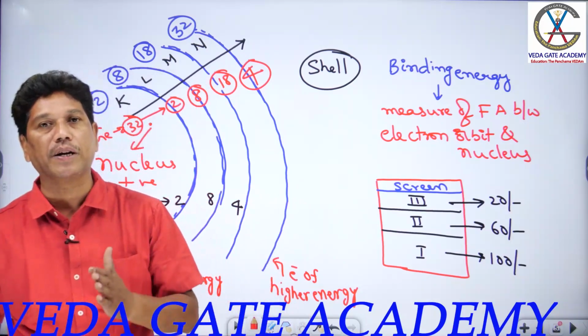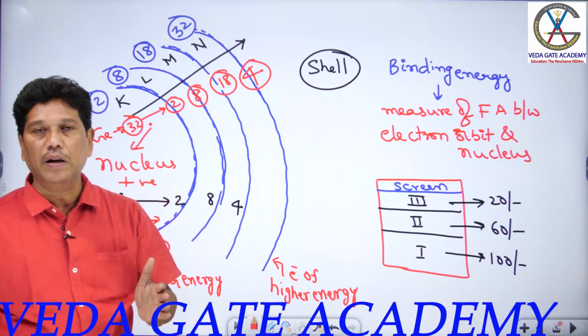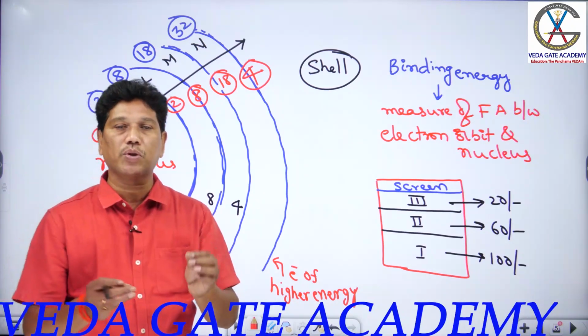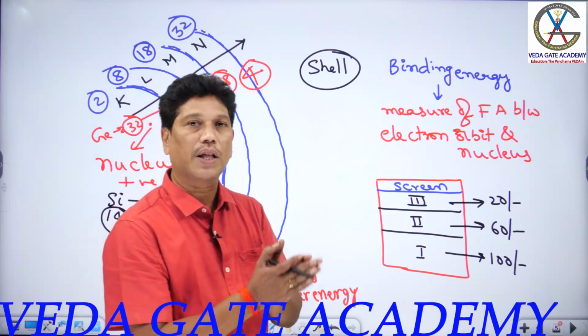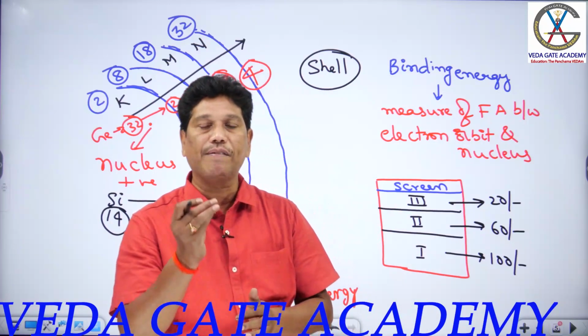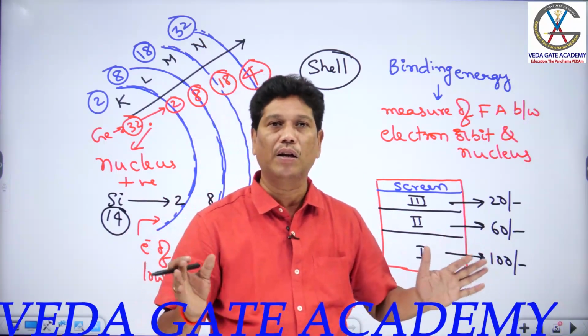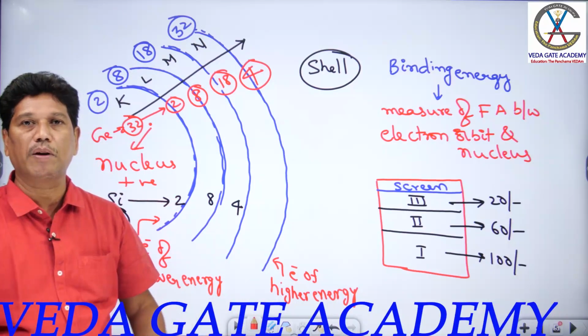That is the ideal statement. Understood, my student? Then it will be called a stable atom. Otherwise, it is unstable.